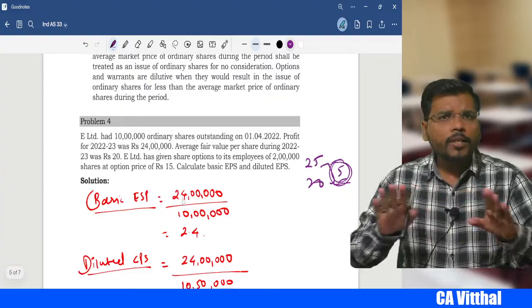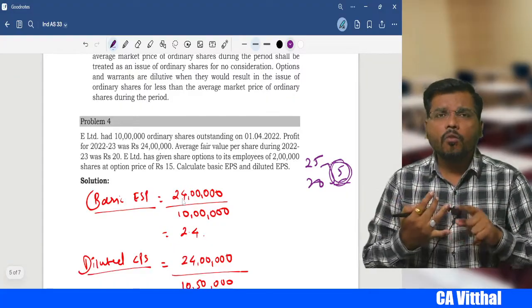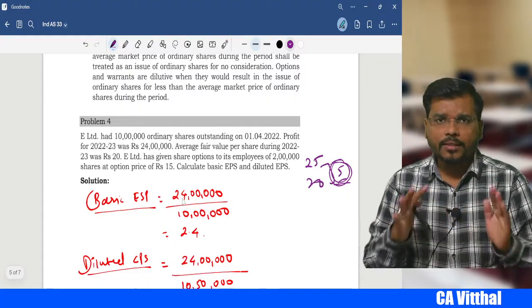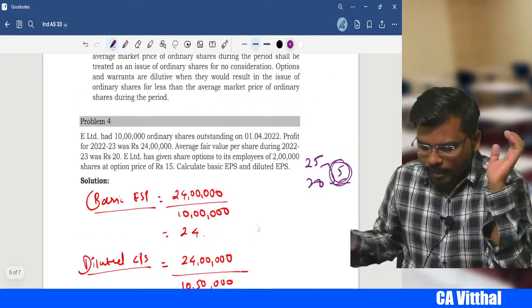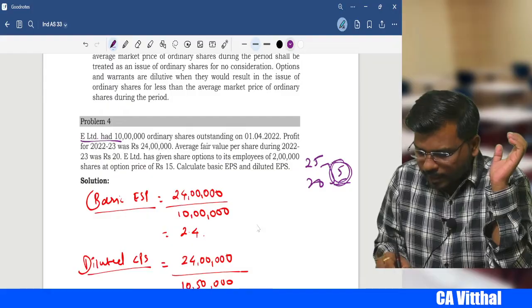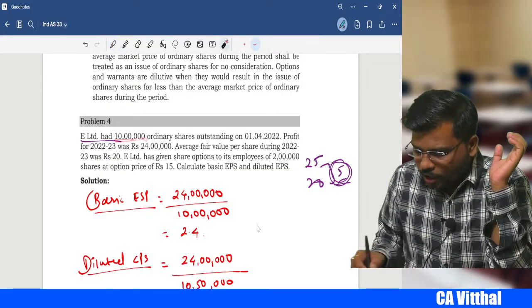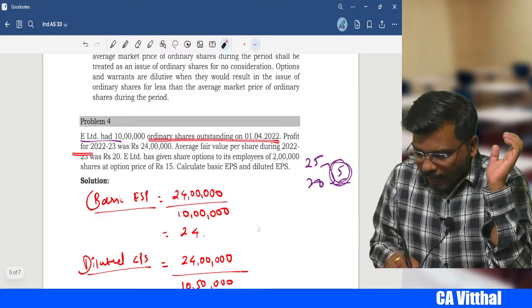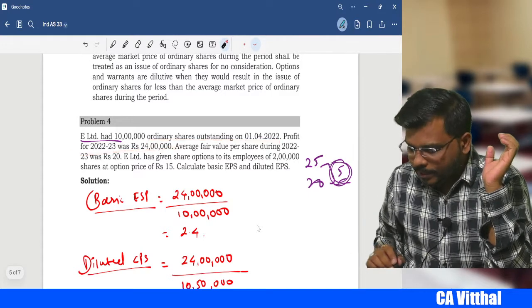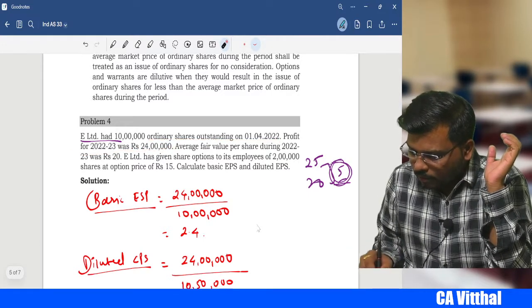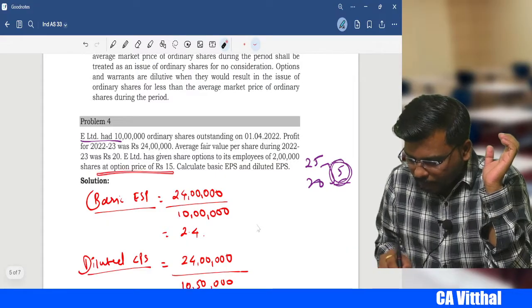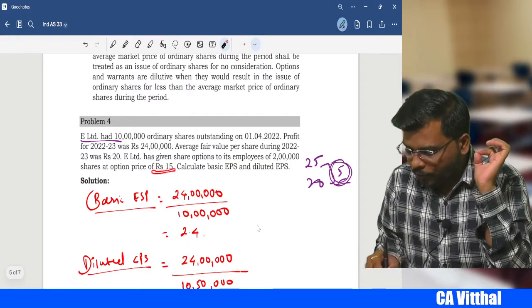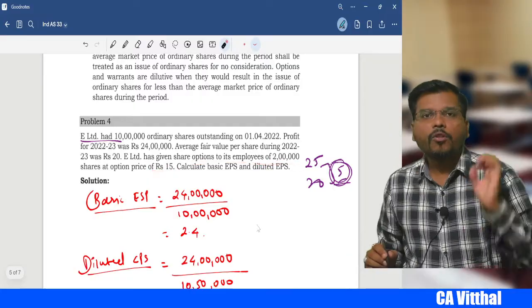For the net profit there will be no change whenever there is a warrant or options. Is that clear? Okay, so my dear students, now basic EPS, very simple. E Limited had 10 lakh shares and net profit is 24 lakhs, and the fair value is 20, whereas the option price is 15, and the company has given 2 lakh options.